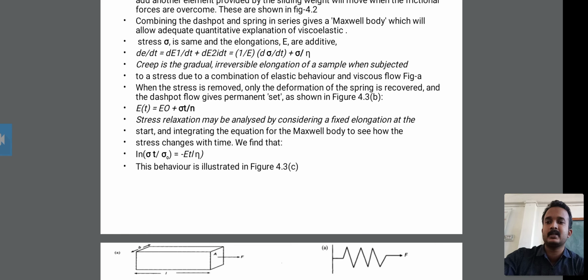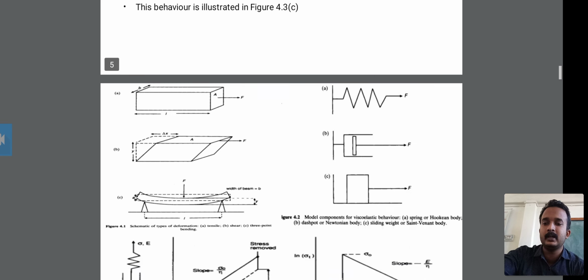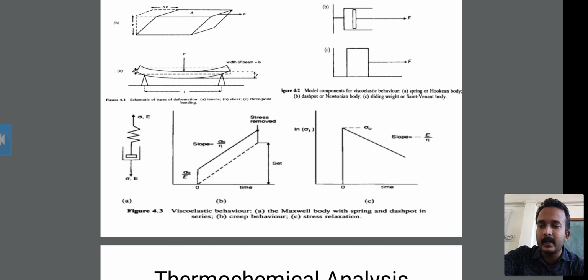Okay, this is the stressing, and when the stress is removed, only the deformation of this spring is recovered and the dashpot flow gives the permanent set, as shown in figure 4.3b. Okay, this is the 4.3b part. Look at this graph.